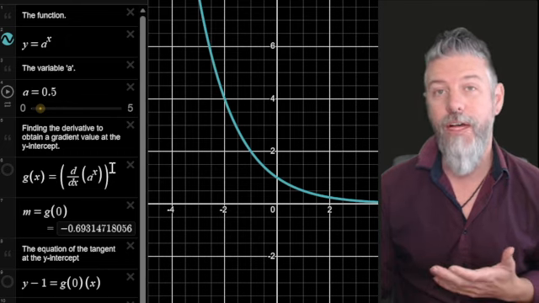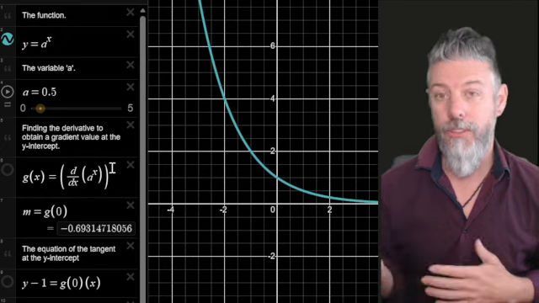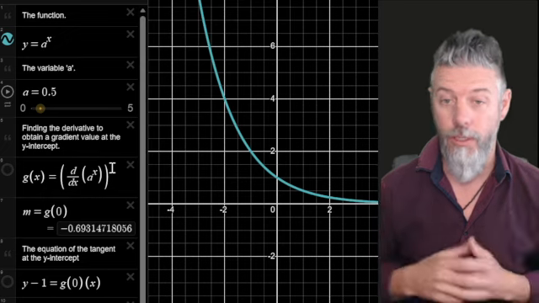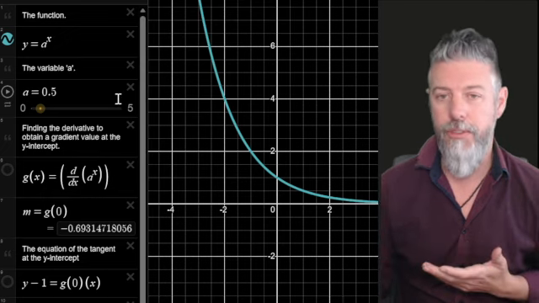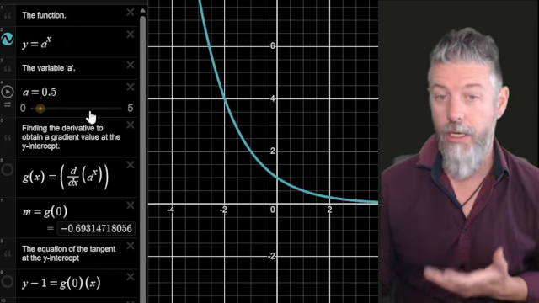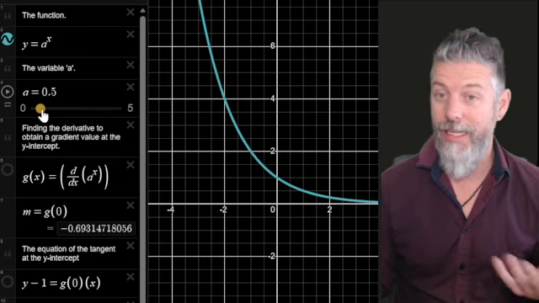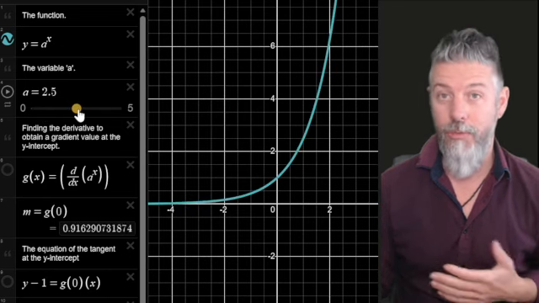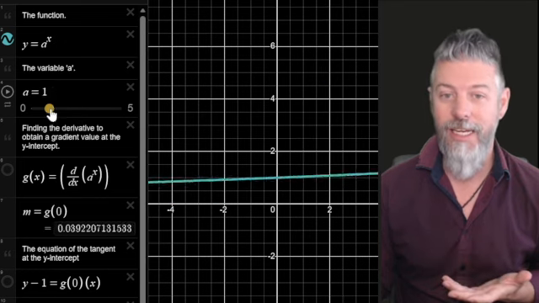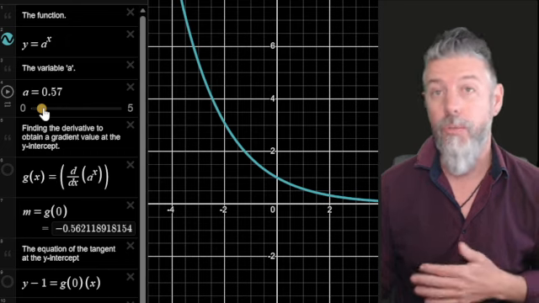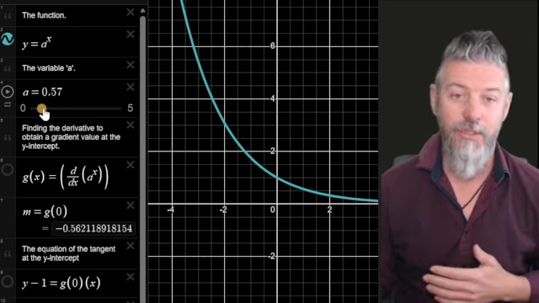So when the a value is less than 1, raising it to a positive power is actually going to make the value smaller. So you get these two different types of exponential functions. One's where the base is greater than 1 and one where it's less than 1. Ones where it's greater than 1, we refer to as growth functions, and ones where it's less than 1 are usually referred to as decay functions, which will come up in future studies also.